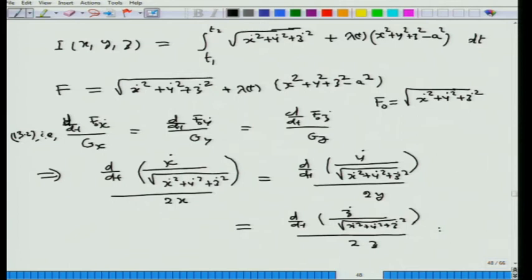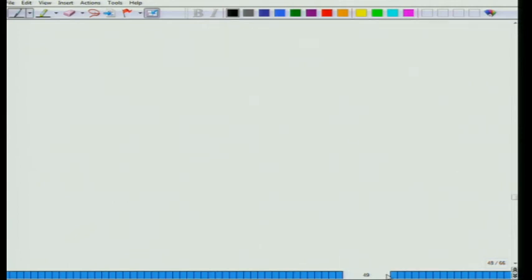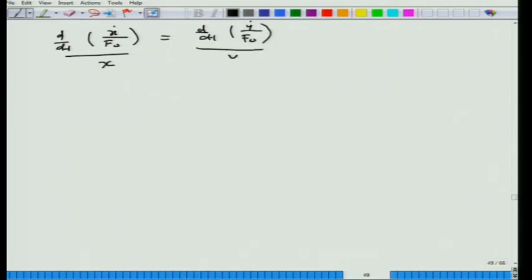So, simplifying this will give us the following. So here we get d by dt of x dot over f0, over x, and d by dt of y dot over f0 over y, d by dt of z dot over f0 over z.